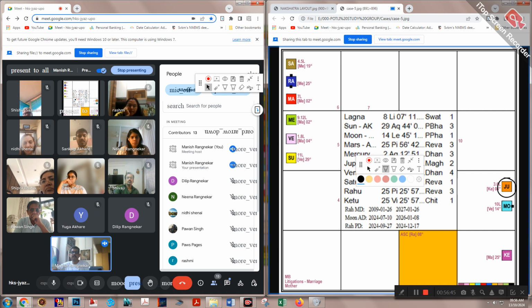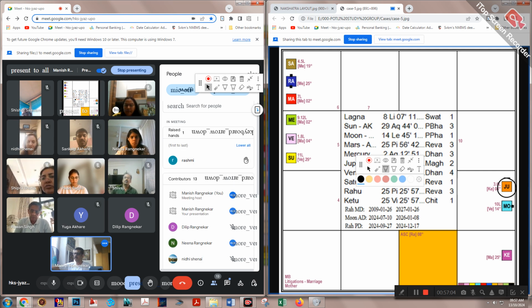Now, Jupiter is the karak of what in relations? Look up your notes if you don't know it by heart. Husband, or... Jupiter is considered husband in some paddhatis, but I don't consider it. Rashmi.